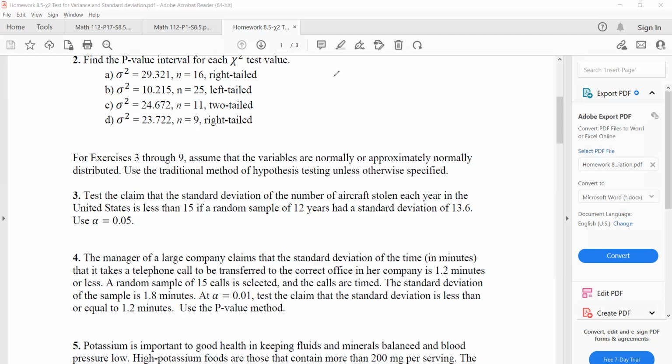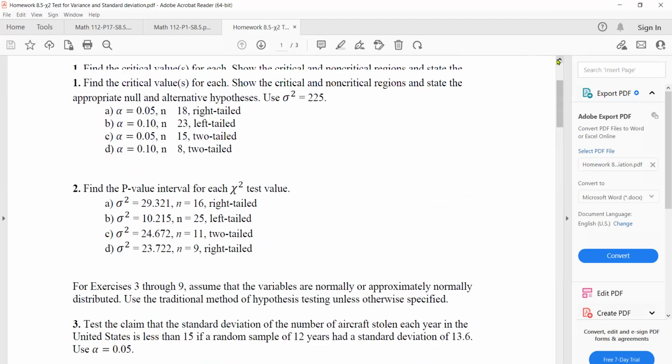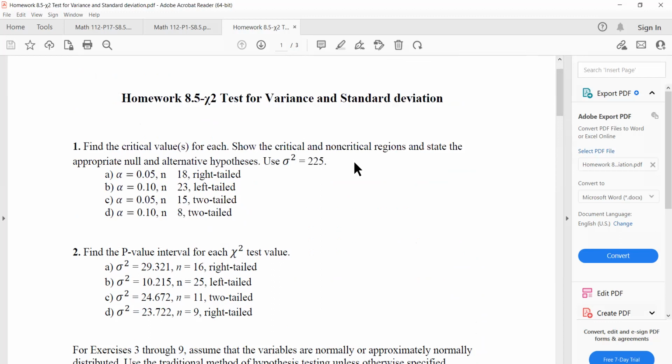Now let's go back and do part C. Did you try part C yet? Not yet. Okay, let's go back to part C of number 1 here. Alpha here is 0.05. Oh, you weren't done writing down part B? Okay, no problem. We can get that back for you.